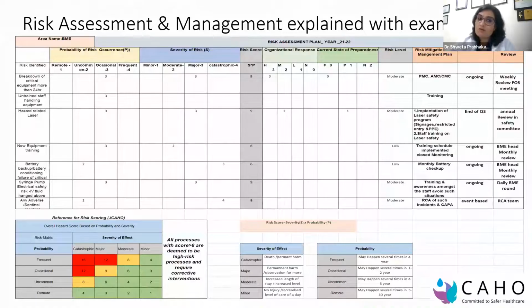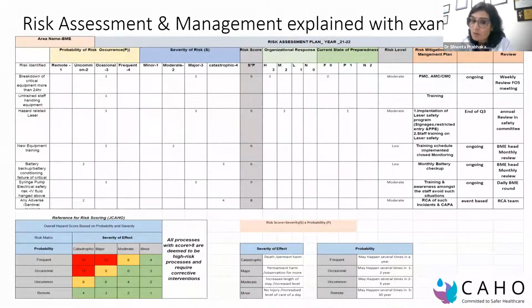We used the probability and severity matrix, and we plotted the scores accordingly. This is done in teams. When we sit together, we prioritize the risks which we identify annually in the biomedical equipment department, and then you score them.